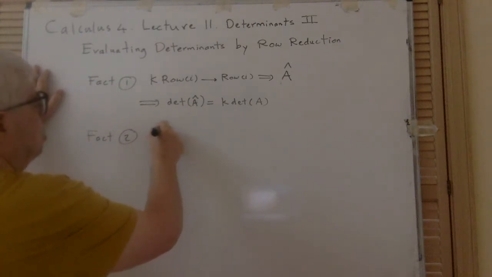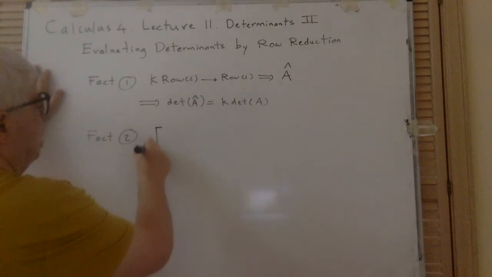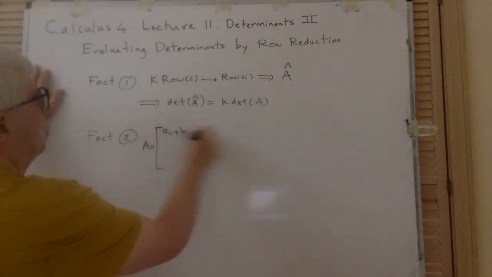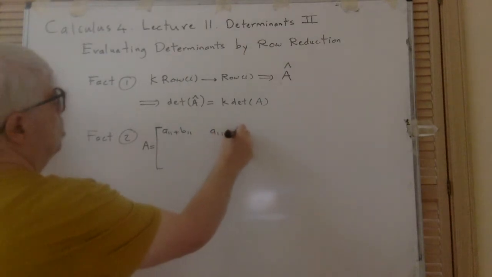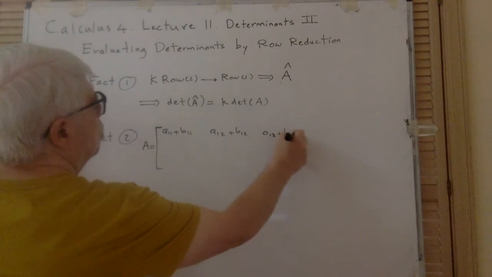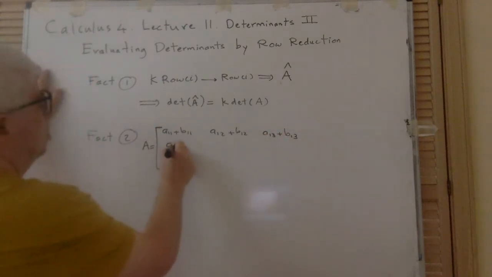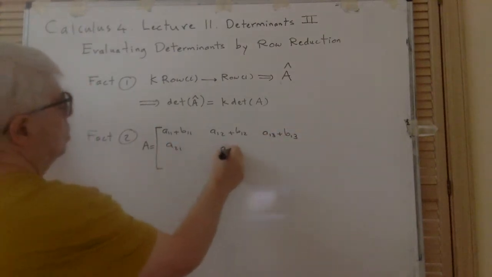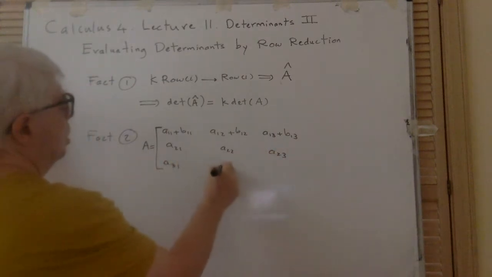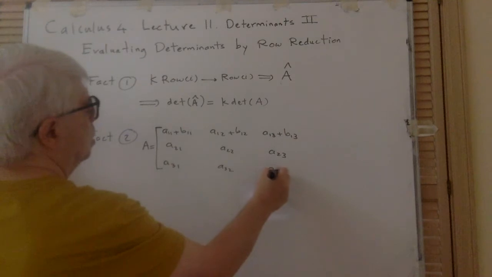Suppose a matrix A has first row A11 plus B11, A12 plus B12, A13 plus B13, then the second row A21, A22, A23, and third row A31, A32, A33.